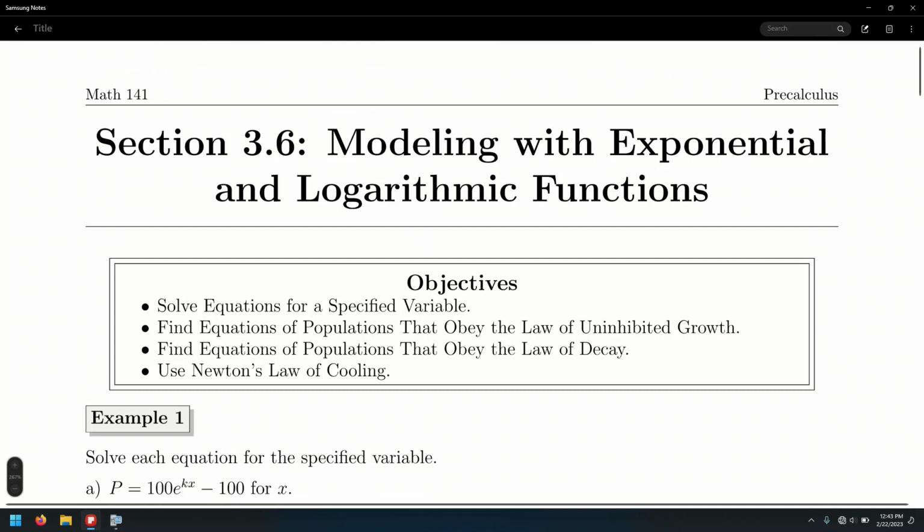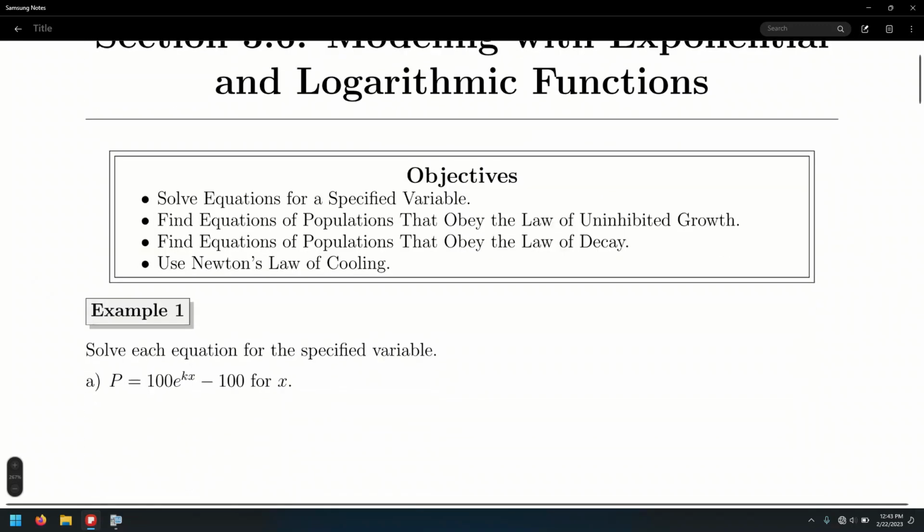Well, we already did one application problem for interest. However, this time we're going to apply this solving of equations to solving for a specified variable. We haven't done that yet. All we've done is solve for x. In this case, we have an equation with more than one variable and solve for that variable.